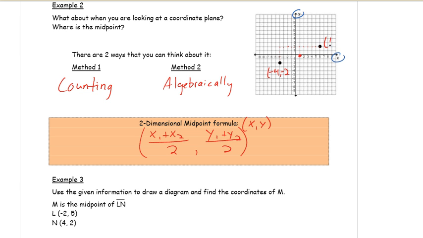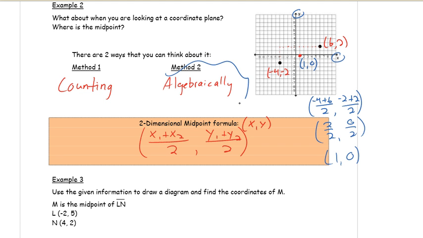This point is 6, 2. We go ahead and say, okay, average of our x's, so x1 plus x2, it doesn't matter which one's which. We would say, okay, so we have -4 plus 6 over 2. And then for our y's, we're going to have -2 plus 2 over 2. Reduce that to 2 over 2, 0 over 2. Finally reduce it to 1, comma 0, which in fact was our midpoint when we counted it.